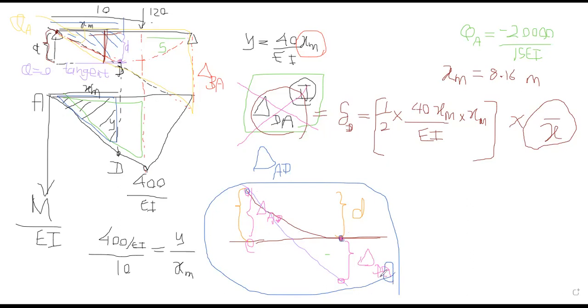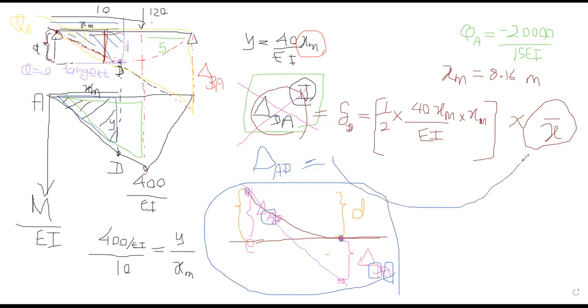So you take the moments about the first letter, that you have to remember. If you need delta dA, you need to take moments about D. If you need delta AD, you should take moments about A, right?